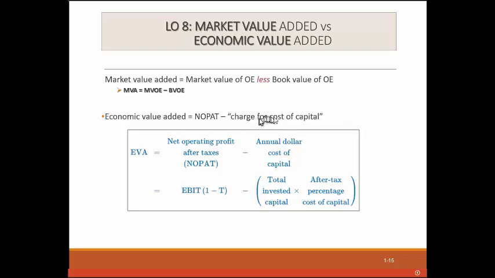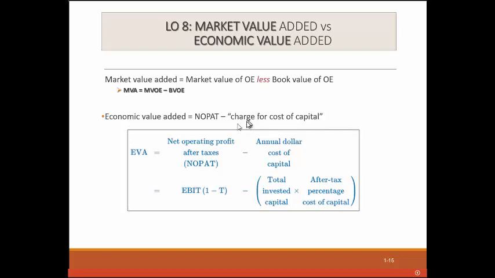And so the income statement really understates the cost of financing from all sources. What the economic value added measures is the NOPAT, net operating profit after tax, less the cost of financing from all sources: debt capital, contributed capital, and earned capital.